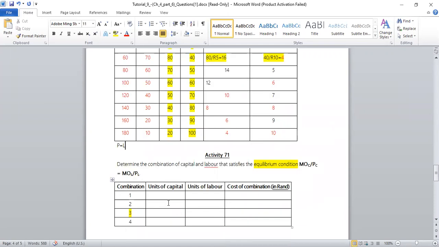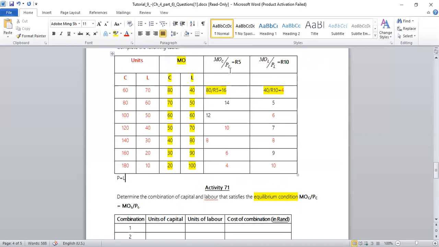So let us start with number one. Our first combination is 4 and 4. So here we have capital, here we have labor. So how many units of capital? Okay, let's start here.